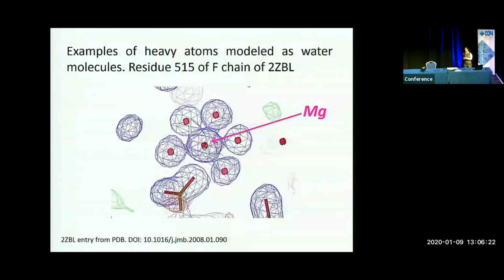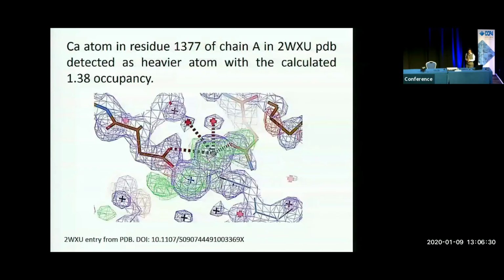Among the structures we analyzed, there was a case where a calcium atom was detected as a heavier atom with optimal relative occupancy 1.38.